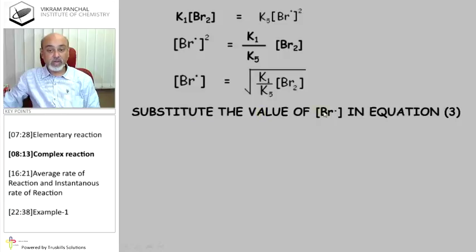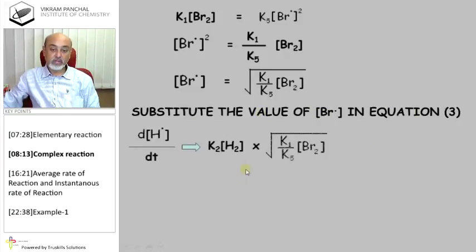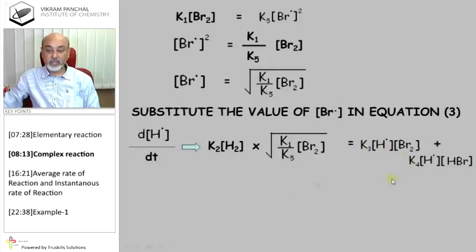Substitute the value of Br dot in equation 3. So instead of Br dot we write root of K1 upon K5 into Br2. So K2 H2 into root K1 upon K5 Br2 is equal to K3 H dot Br2 plus K4 H dot HBr.